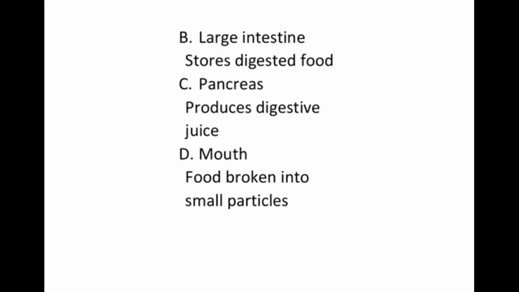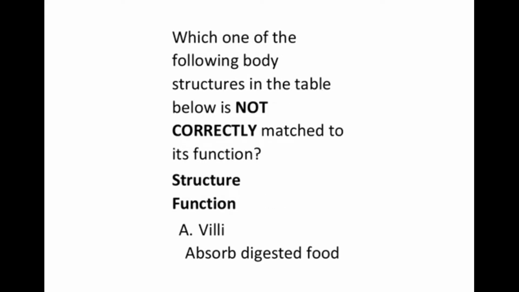B, the large intestine stores the digested food. The pancreas produces digestive juice. The mouth breaks food into small particles. For us to understand how to answer that question, we need to know the functions of different parts.